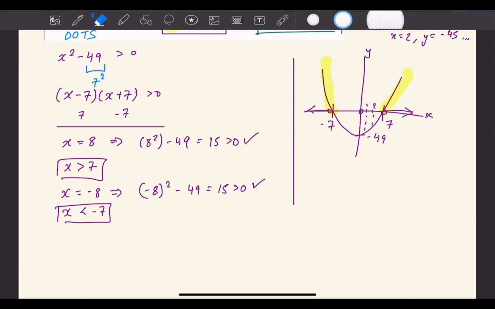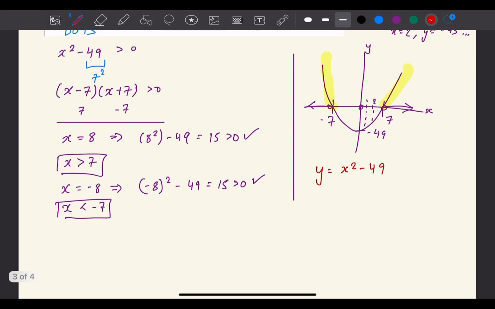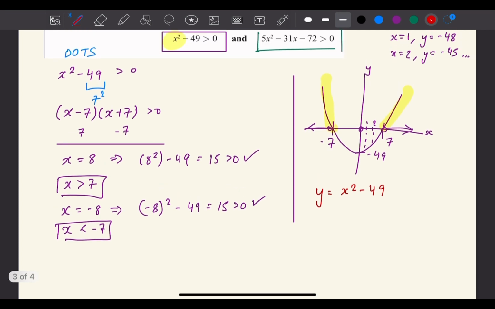This is the graph. Here in this case, y is equal to x squared minus 49. And this was our original equation. If y is equal to x squared minus 49, and x squared minus 49 is greater than 0, then that means y is greater than 0. So that's our inequality. That's the condition we're bound by.